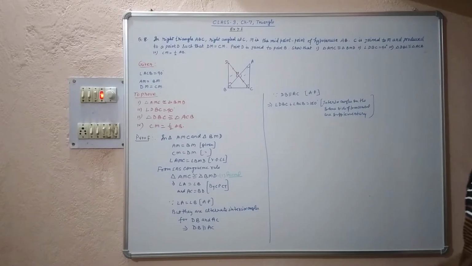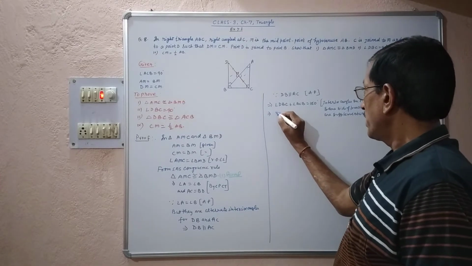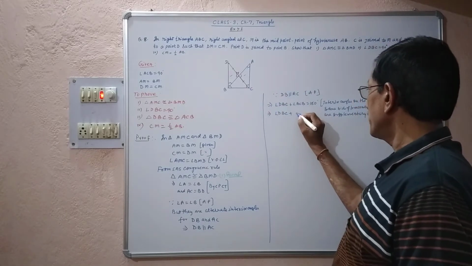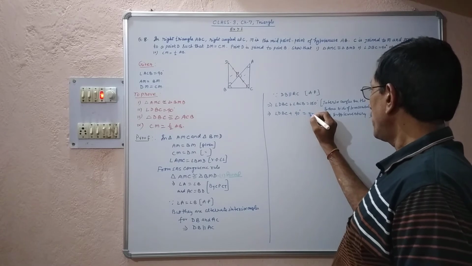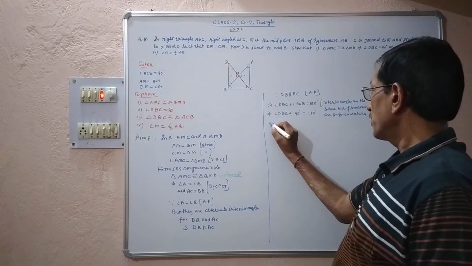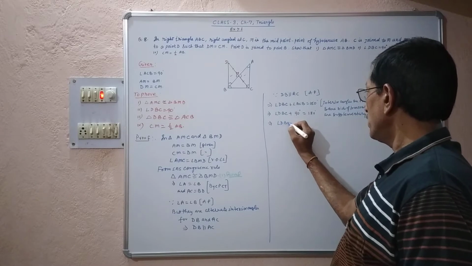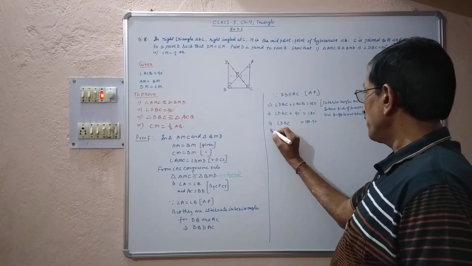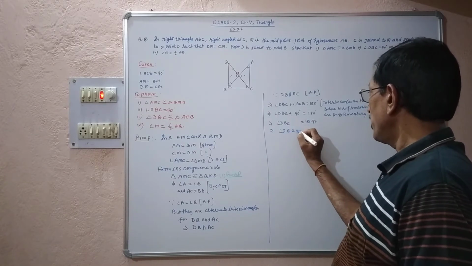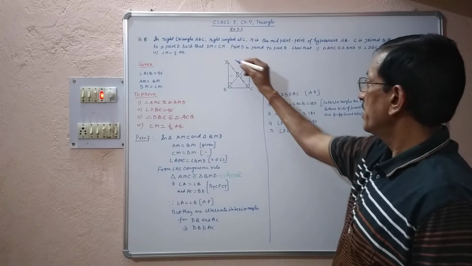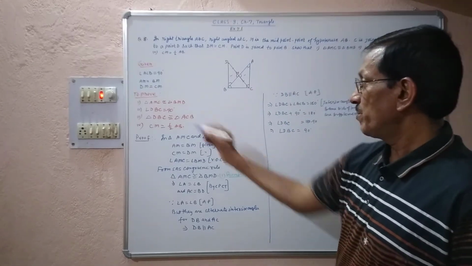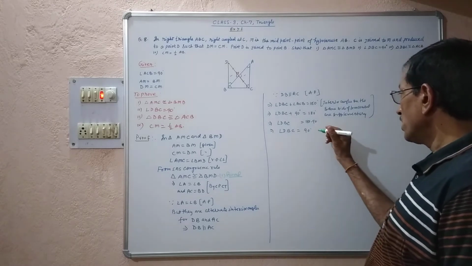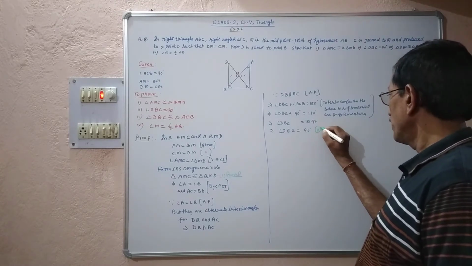Angle DBC plus angle ACB, its value is 90 degrees, it is given. So we put here, and it is equal to 180 degrees. This implies angle DBC is equal to 180 minus 90. This implies angle DBC is equal to 90 degrees. We have proved, so we can write here second is proved.